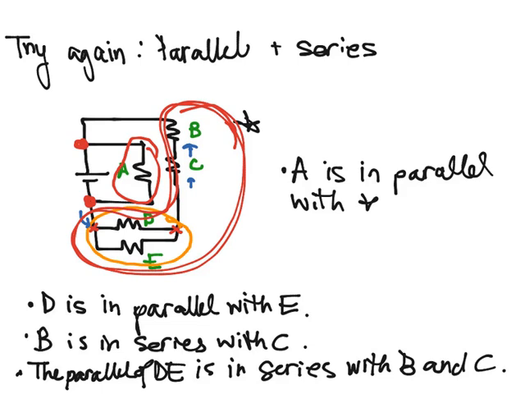I'm going to call it star, and I can say A is in parallel with star. So you're not just looking at individual elements, but you can lump them together.